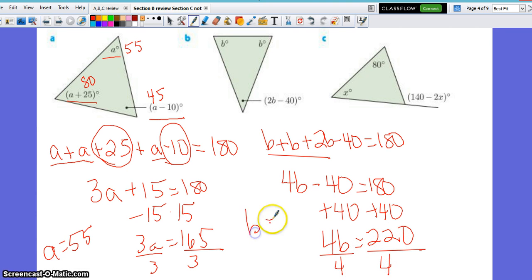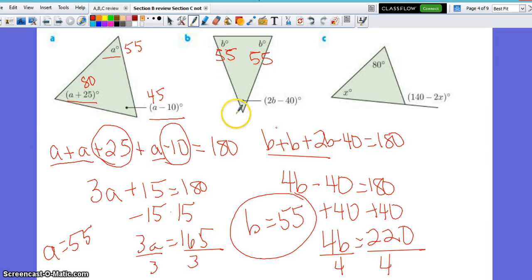And B is also 55. So we know that this is 55. This is 55. Now you could plug 55 in here, or you could just add 55 plus 55 and subtract it from the 180 and get 70.